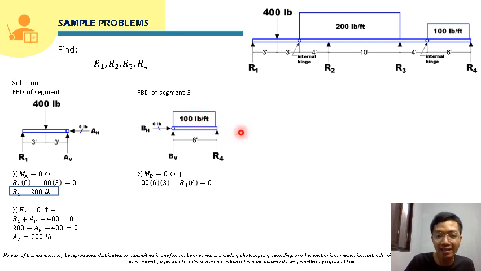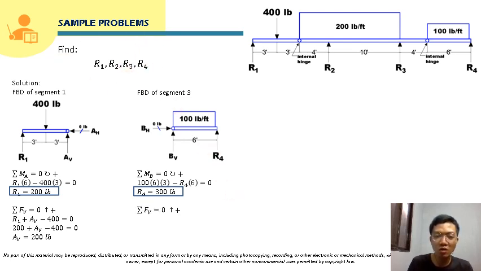That will be 100 times 6, and its point load is located at the midspan since this is just a uniform load. So the moment arm here will just be 3, minus R4 and its moment arm is 6, and that will be equal to 0. Solving for R4, that will just be 300 pound. We can already box that, since we are solving for R4 here.